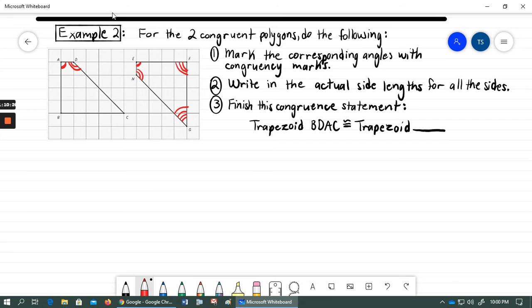Well, it looks to me like that would have to be angle C, an acute angle. It looks like angle G and angle C are the only two acute angles there. And then which angle is corresponding with angle F? Well, the only one that's left that could be corresponding with angle F is clearly angle B.